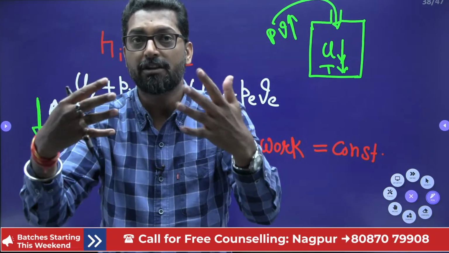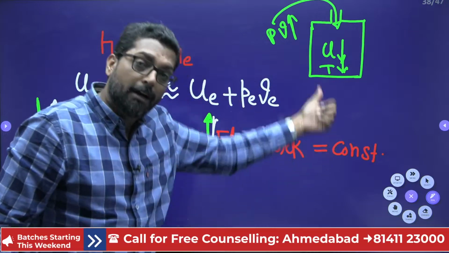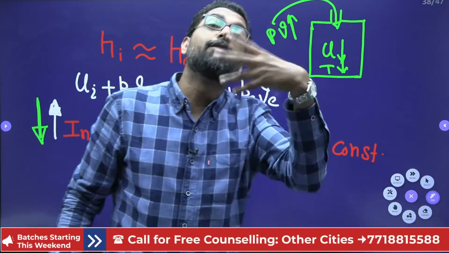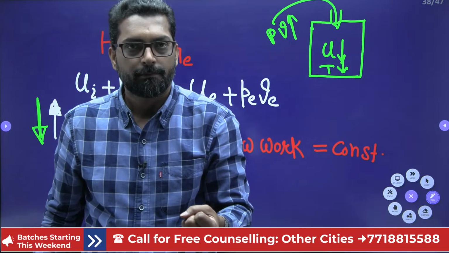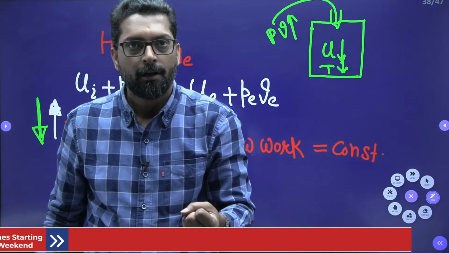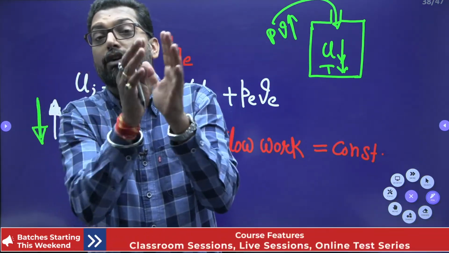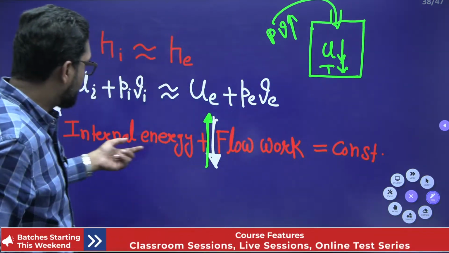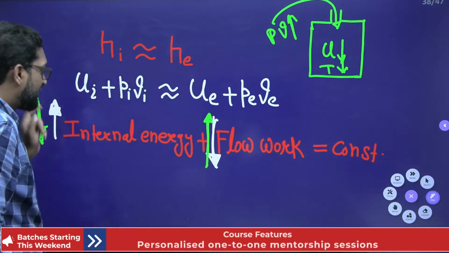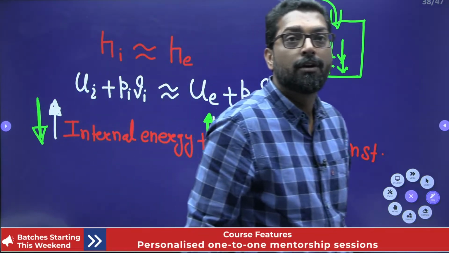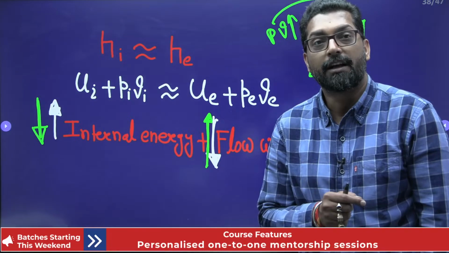Bernoulli is applicable for inviscid fluid, but in throttling we consider irreversibility, and losses are there. So it is equivalent but not exactly. If you increase the flow work, internal energy will reduce. This is very important, I'm telling you.